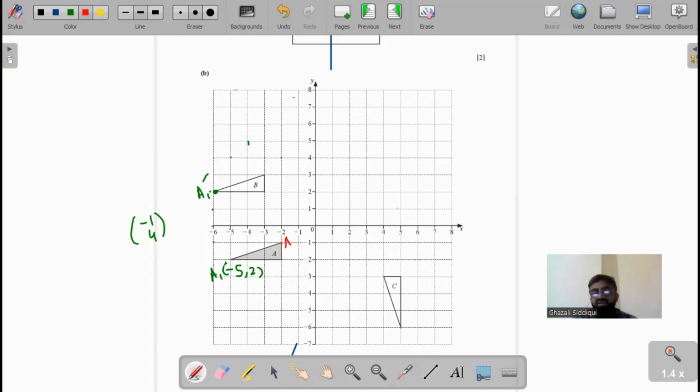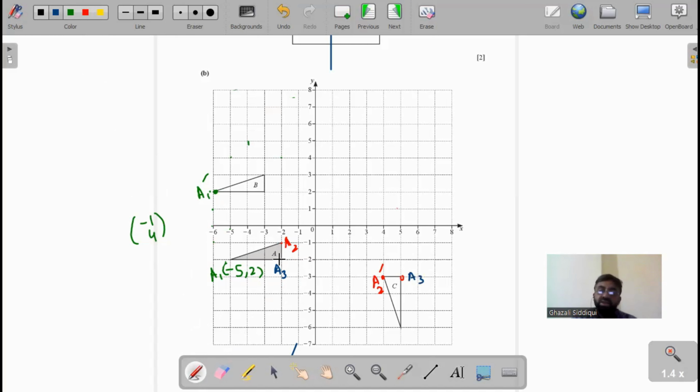We take this as A2, sorry. Now that point would be A2 dash. And the second point, suppose its name is A3. Now the image of this point would be A3 dash.